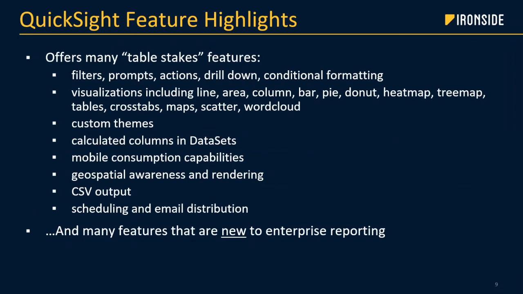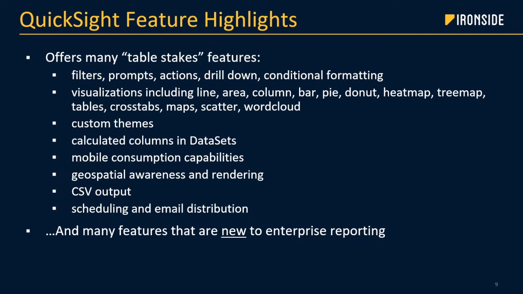All right. Quick overview of the features. So QuickSight certainly offers a lot of features that we all consider to be table stakes these days, right? Things like filters, prompts, drill down, conditional formatting, many types of visualizations, including geospatial, custom themes that I can create, calculated columns and data sets.